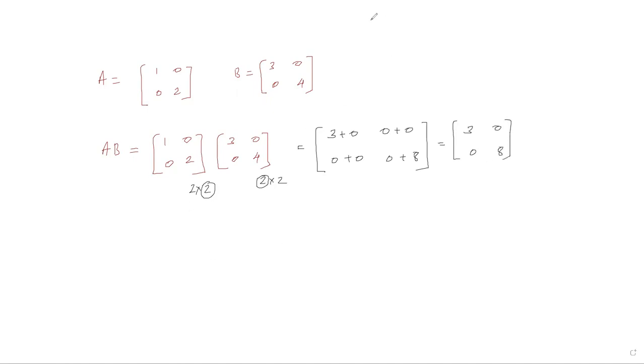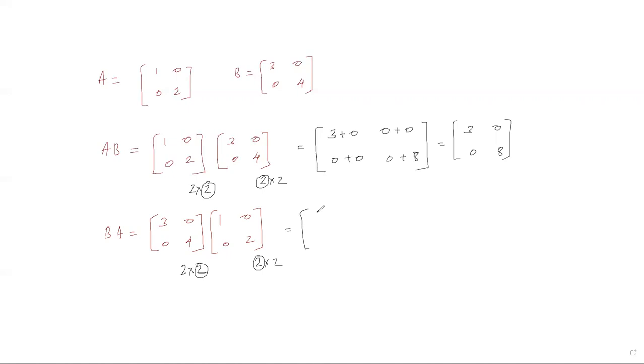Okay, let's see what is B into A. B is 3 0 0 4 and A is 1 0 0 2. Both are 2 by 2, and the number of columns of the first matrix is equal to the number of rows of the second matrix, so you can multiply.